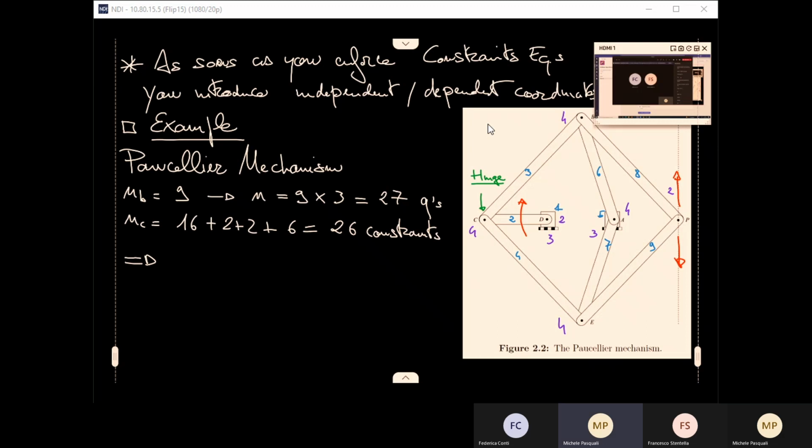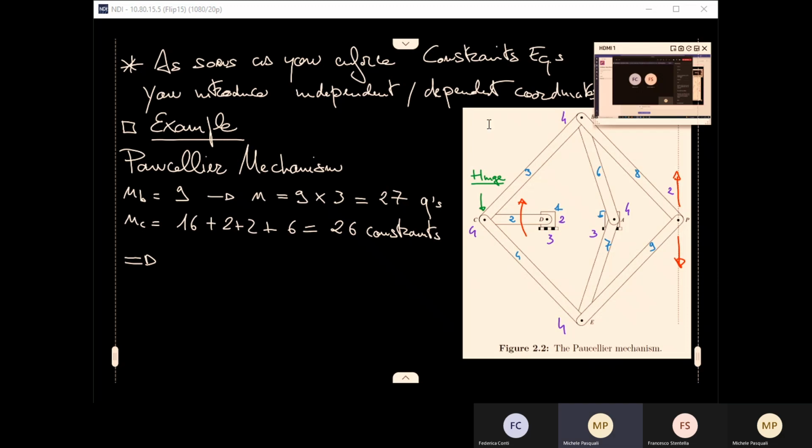So how many parameters are left independent? Only 1. Does this make sense to you? Is this what you expected? The answer is yes. Why? Because as I was saying, this mechanism is a way to convert a rotational motion to linear motion.